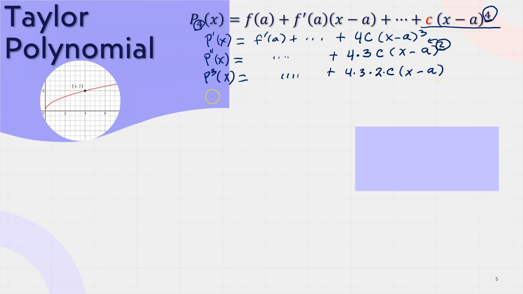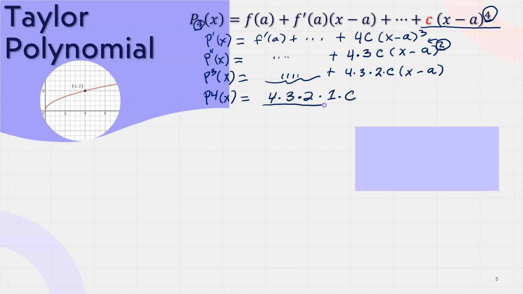And then the fourth derivative, and this is the fourth degree polynomial, so the fourth derivative is going to be a constant. There's no more of this stuff here. It will just be 4 times 3 times 2 times 1 times c, and that's it.